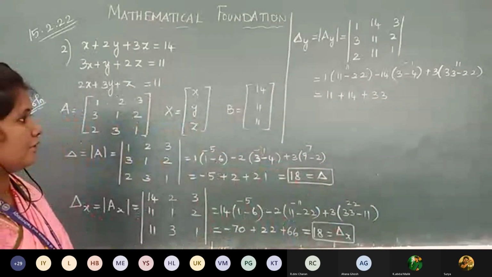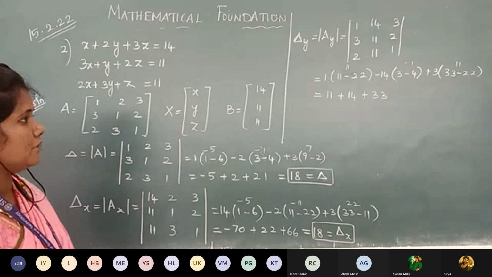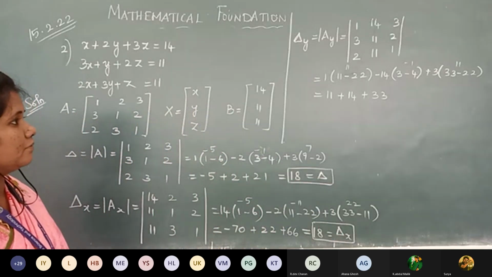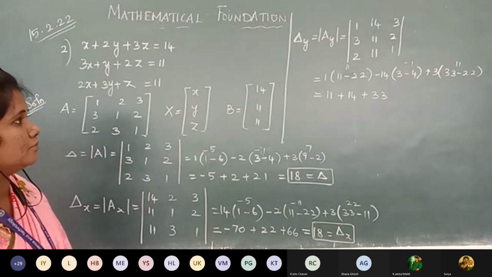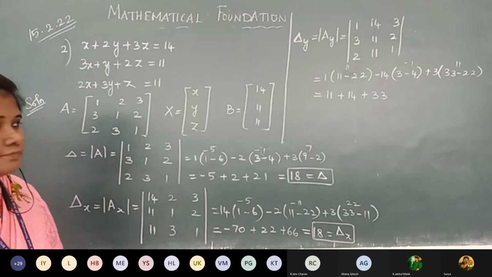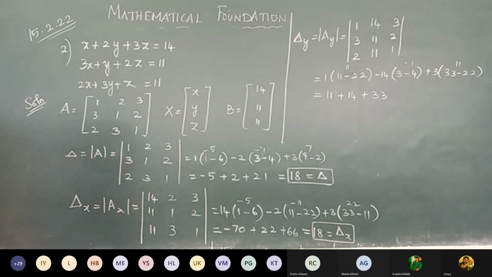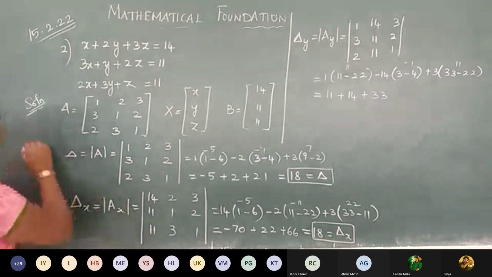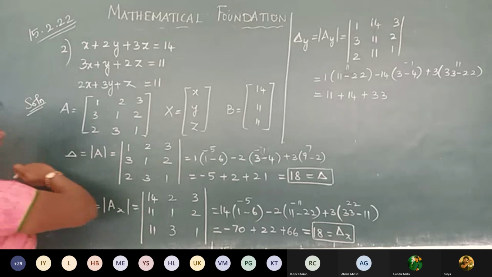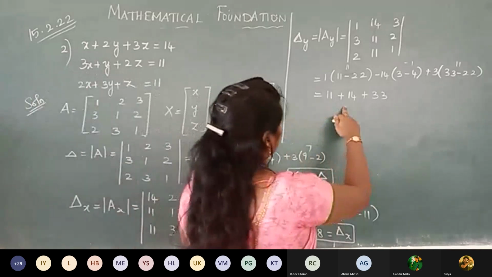So when you add it, check whether whatever I'm doing is correct. What is your delta y? 33? 36? Or are you getting 36?